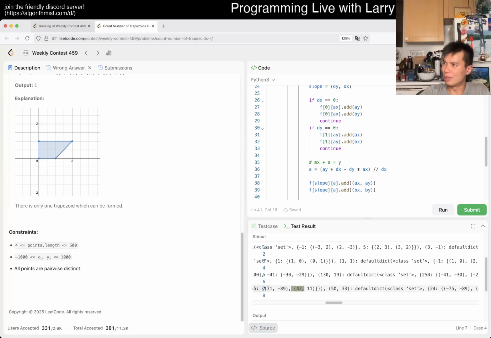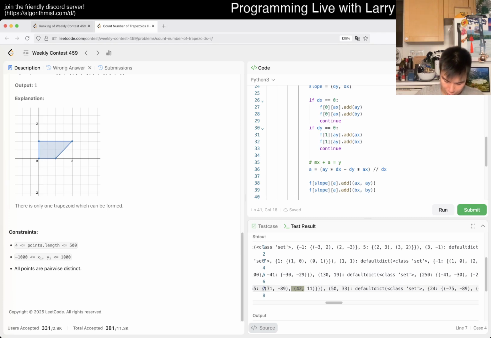45 minutes, we could do it, but for every 2 lines, I have to draw it out. What am I doing? Where's my notebook? So for every 2 points, these 2 points are part of a parallelogram.